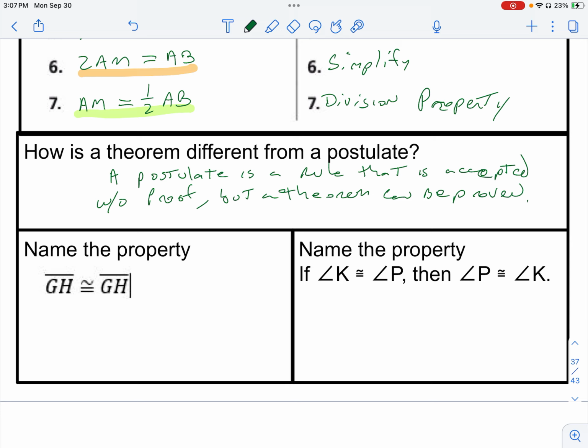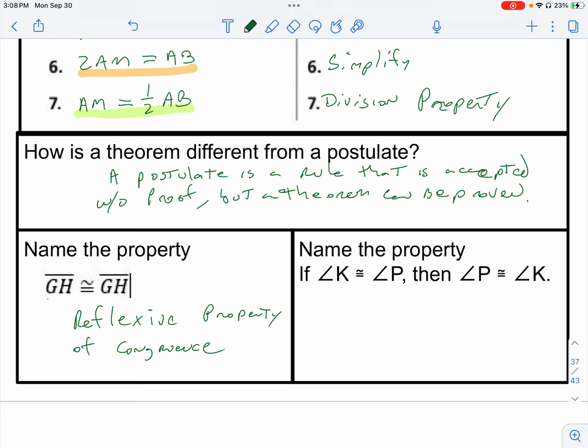So name that property. GH is congruent to GH. Well, if I had A equal to A, that'd be my reflexive property of equality. So since I have a segment that is congruent to the same segment, that must be my reflexive property of congruence. Because it's looking at itself in the mirror, right?